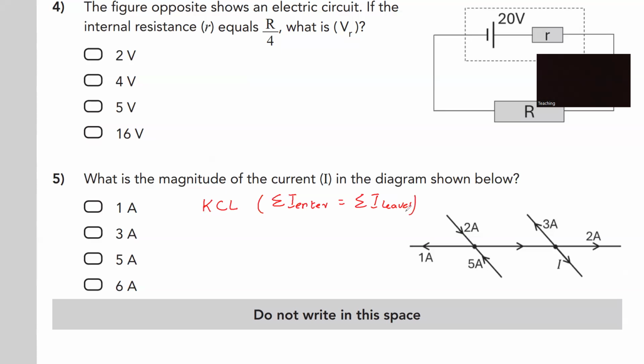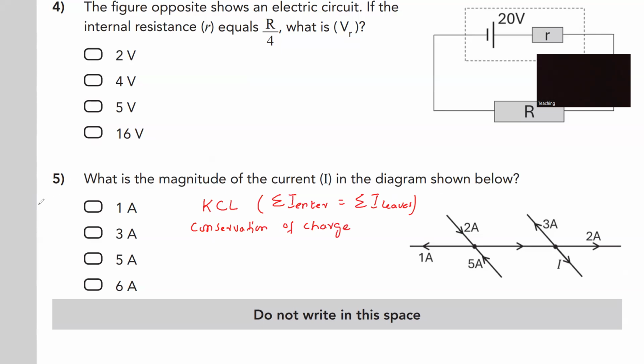This is the definition of Kirchhoff's law. Maybe they will ask about the definition, so you have to know it. We also know that Kirchhoff's current law obeys the conservation of charge.